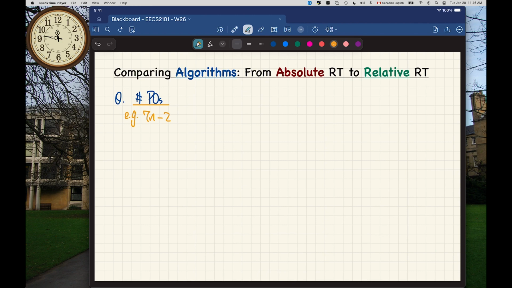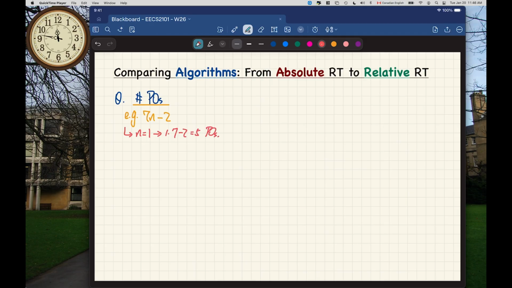The n here is how many elements there are in the array, right? So now we have different choices. For example, when the array has only one element, we get 1 times 7 minus 2, which is 5 primitive operations.